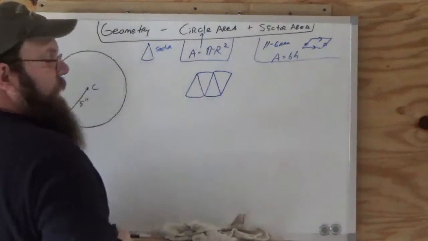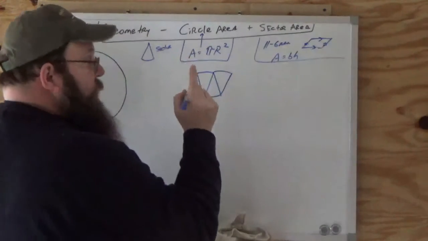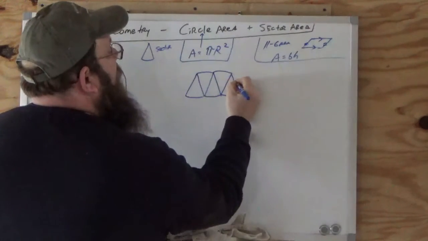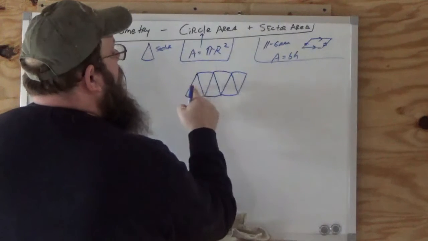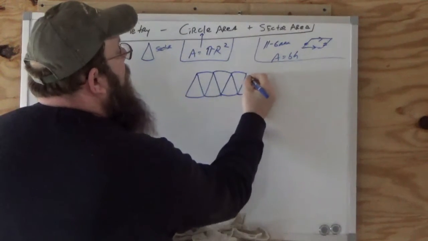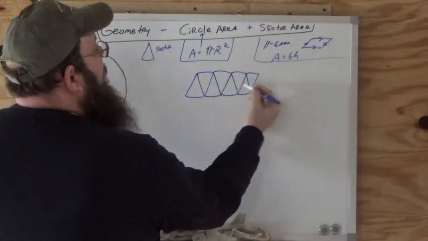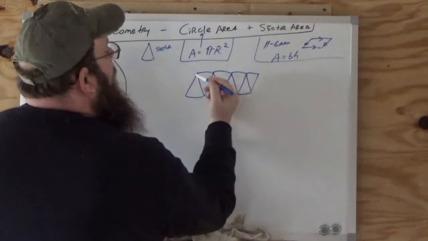There's half the pizza. I'm just rearranging those slices, those sectors. 1, 2, 3, 4, 5, 6. Oh, I need 2 more. 2 more. Look at how that ends. It ends with the same angle as over here.